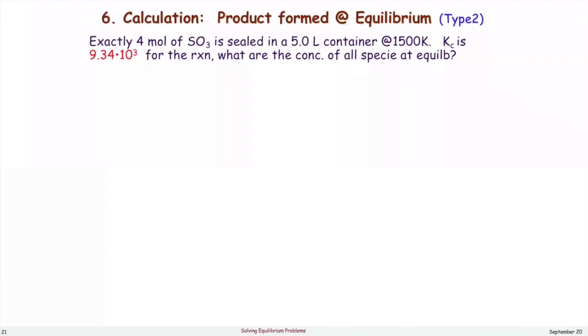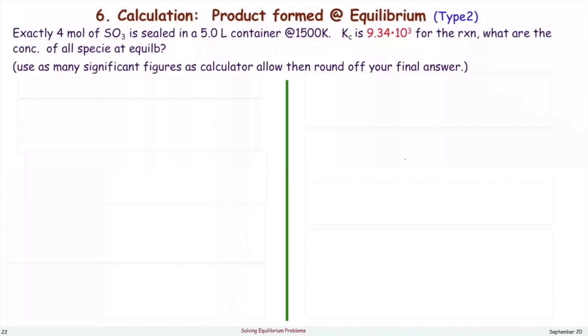But let me go through this last problem right here because I want to show you the converse of the simplifying assumption method, okay? Right here we have 4 moles of SO3 sealed in 5.0 liters. Kc is 2.43 for the reaction, and this is the reaction.